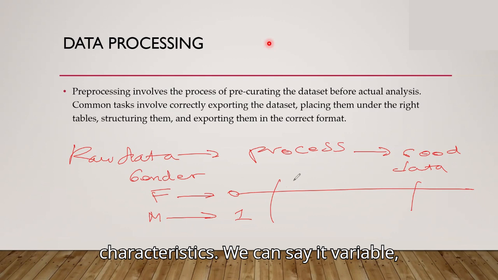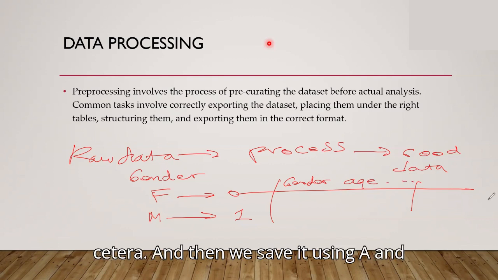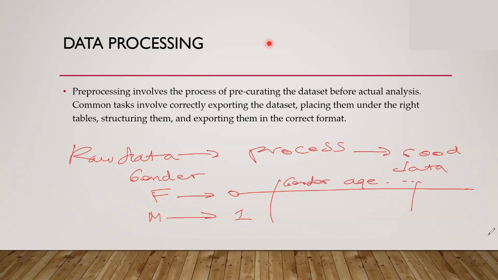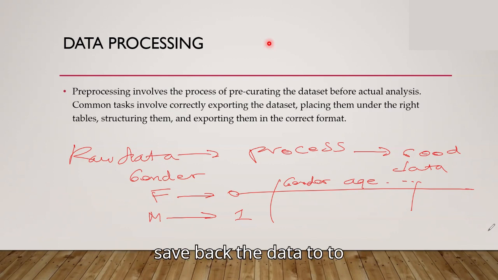We can call them variables, let's say gender, and then age, etc. And after we process the data, we can save it back to our storage, and then the data processing is done.